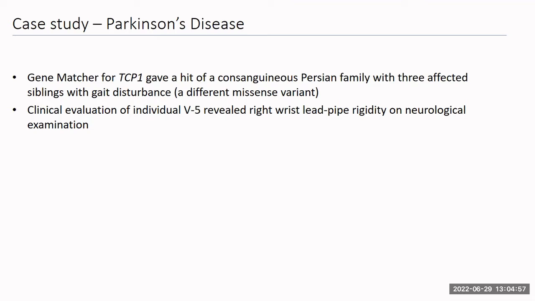And the clinical evaluation of this individual revealed right wrist lead pipe rigidity in the neurological examination. So we thought maybe the sibling was too young to show the presentation. Maybe he was more mildly affected with the disease.